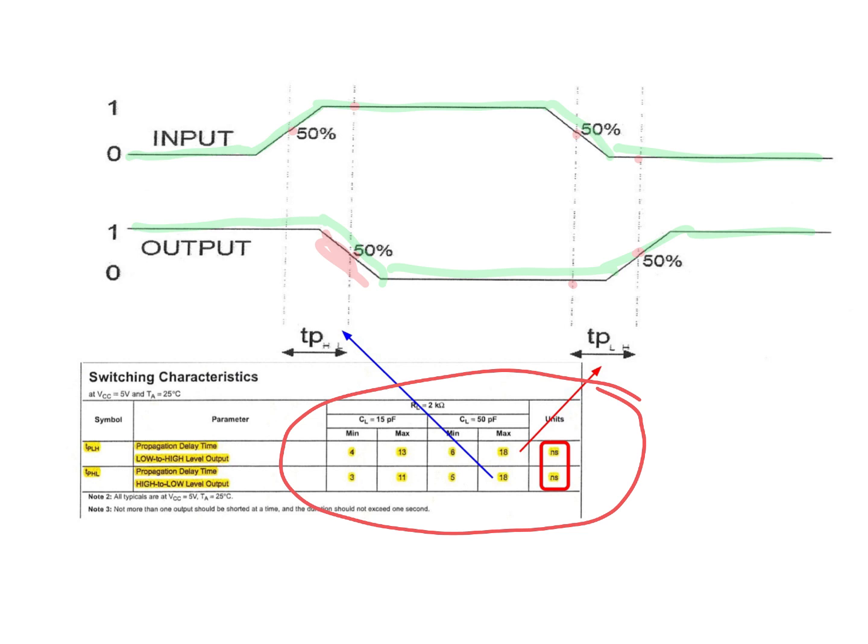This one is TPHL. It has a maximum; it could be less, but that's the worst case, which is 18 nanoseconds. Then TPLH, to go from a low to a high, again worst case is 18 nanoseconds. It gives you the minimum values, but the worst case is the maximum, and that's always on the data sheet.